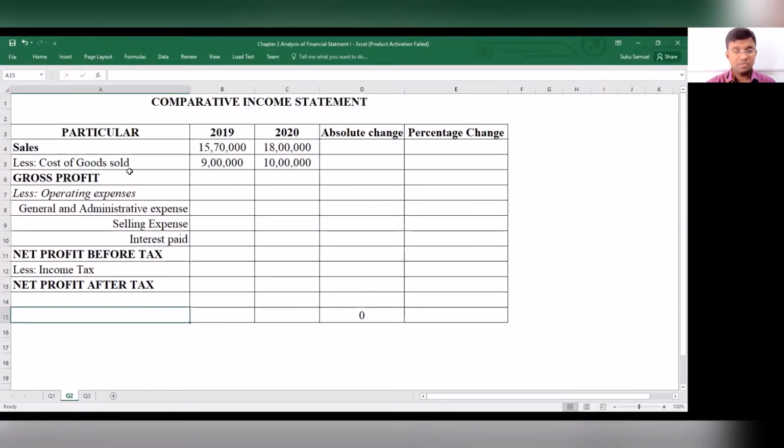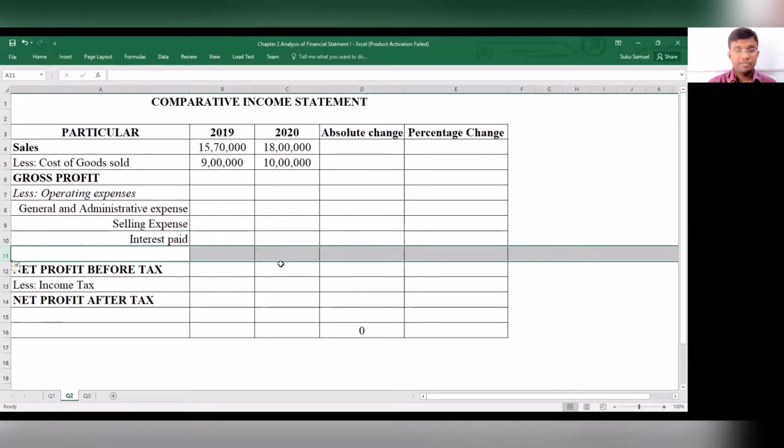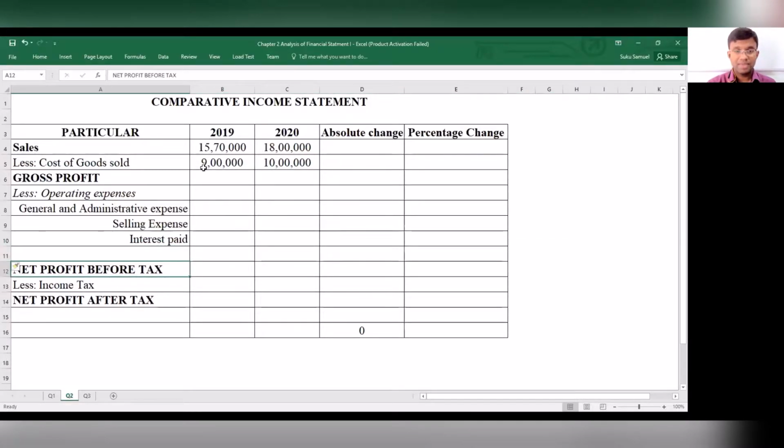Then the next step is that we have to rearrange the items in such a way that we would be able to prepare the format of the income statement. So there are some items that we may have to calculate, like gross profit, net profit before tax, etc. So we will have to do those calculations, and then we will have to go about with the preparation of the comparative income statement.